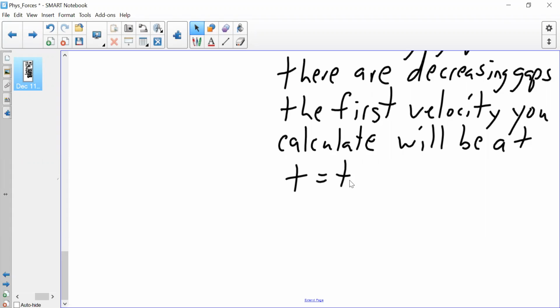And I'm just going to denote that by t is equal to t1. Your first time could be 0. In this case, the first time is 1. Your other first time could be 0.36. Whatever that first time is, the first velocity you calculate will be that velocity at that time. In this case, the first velocity that I'm going to get is going to be at t is equal to 1 second, because that's my first time, or my t1.